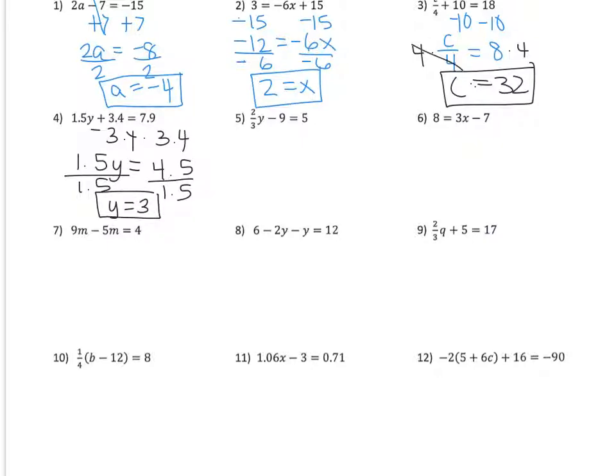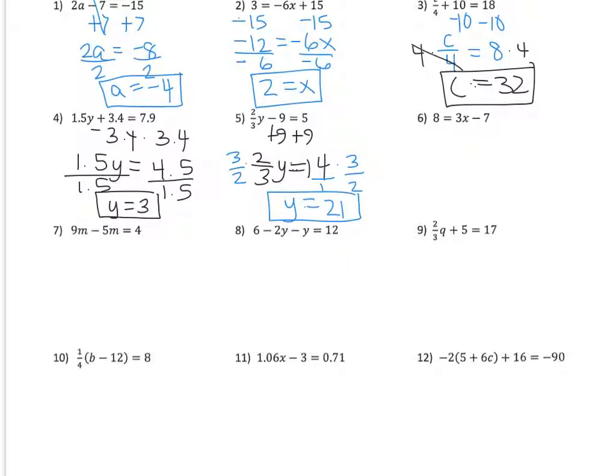And then number 5, I'm going to add 9 to both sides. So we have 2/3 y equals 14. So you're going to multiply both sides by the reciprocal. So 3 over 2 is the reciprocal over here. So 14 over 1 times 3 over 2 is 21.